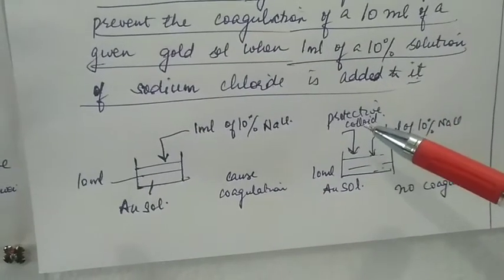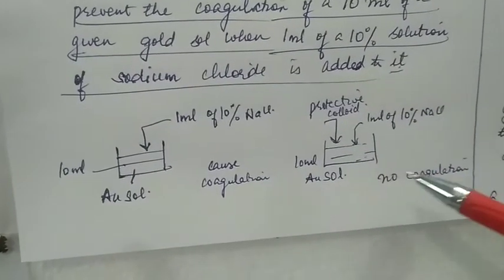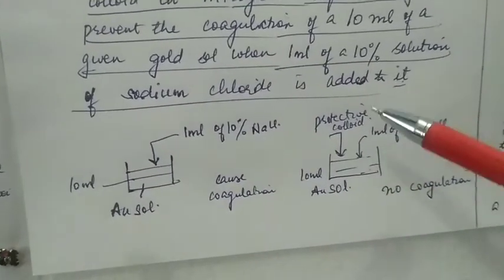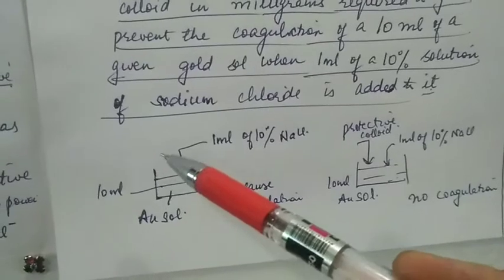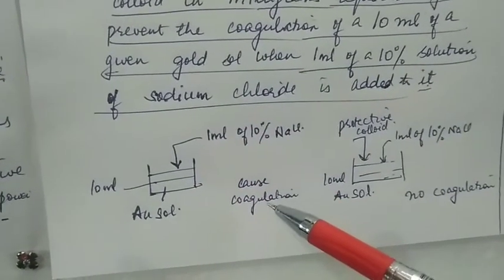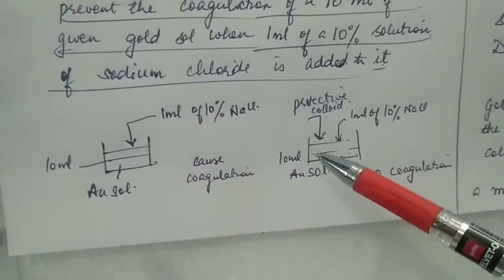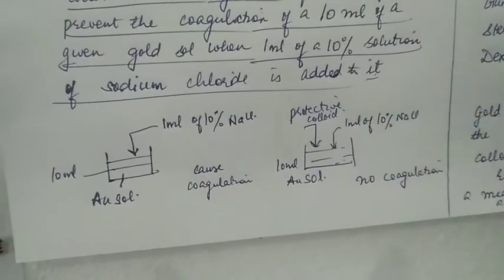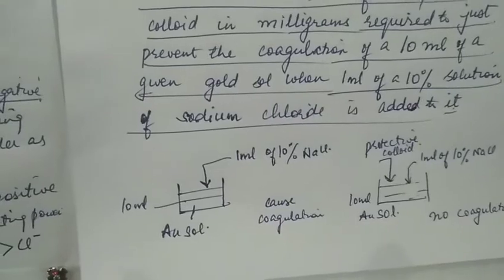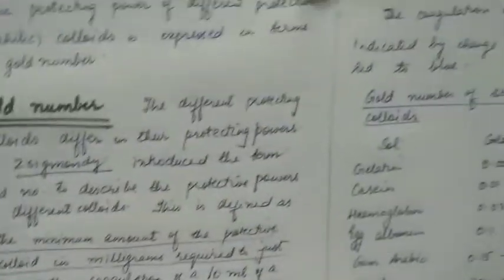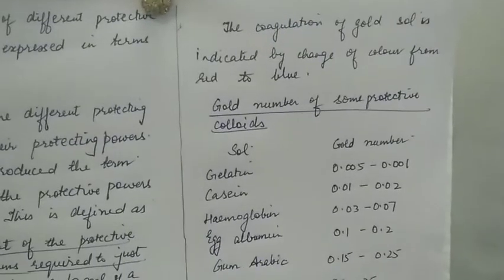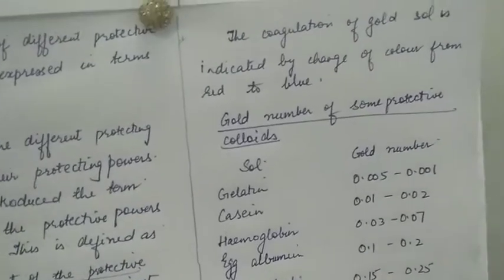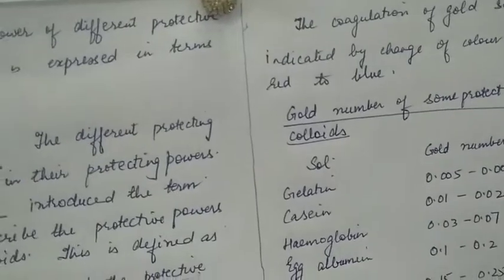The amount of protective colloid that is added to prevent coagulation, so that no coagulation occurs, is called gold number. When it was not added, coagulation occurs. When it is added, then even addition of this much NaCl will not cause coagulation. The coagulation of gold sol is indicated by a change of color from red to blue.